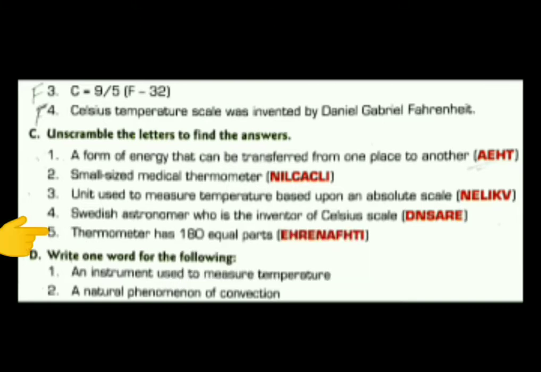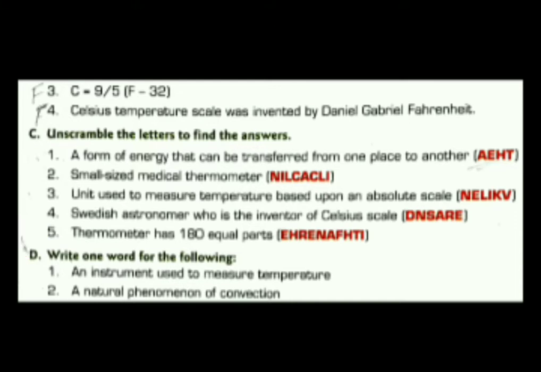Now see the 5: thermometer has 180 equal parts. Students, this question is faulty. There should be the temperature scale which has 180 equal parts between the fixed points, that is the lower fixed point and upper fixed point.